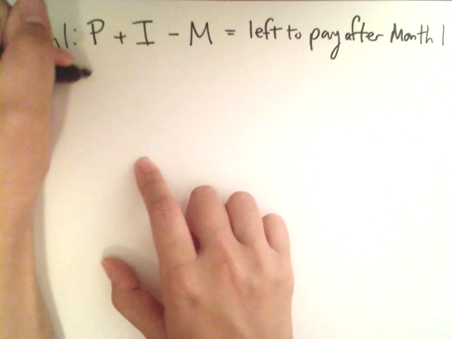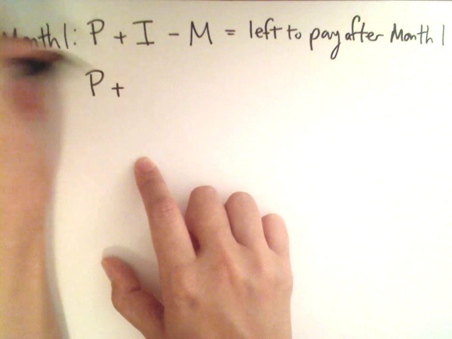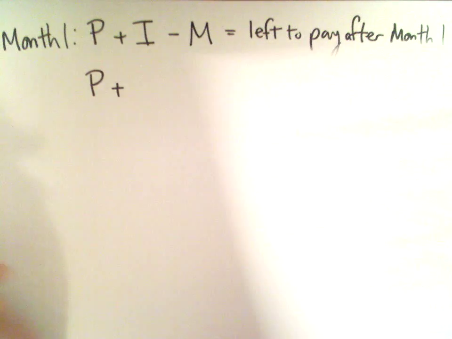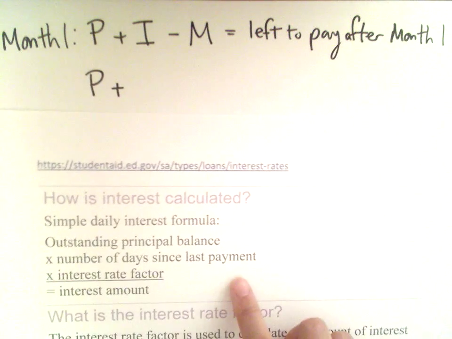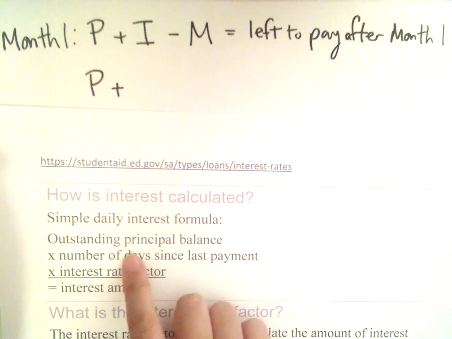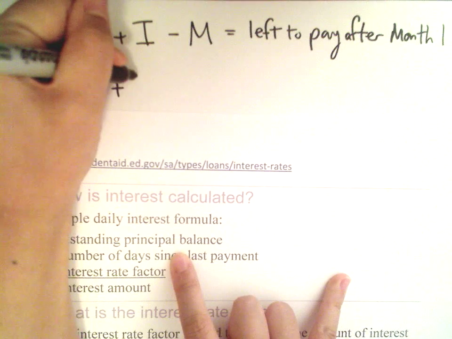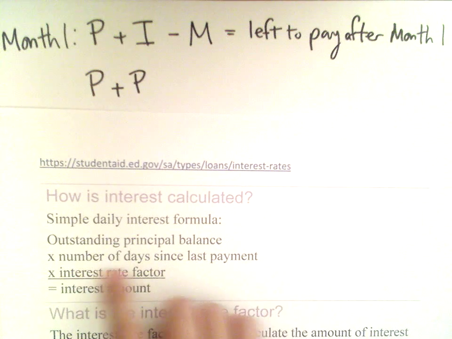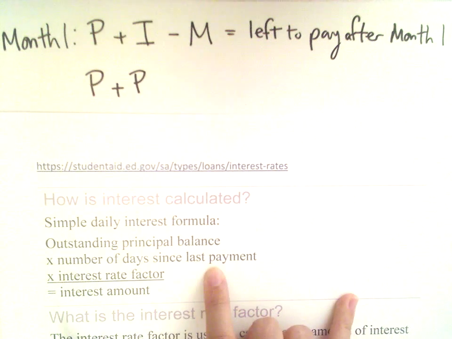Let's calculate this. So this P, the interest, remember, this is how the interest is calculated. It's going to be the outstanding principal balance, so that's P, times the number of days since last payment.